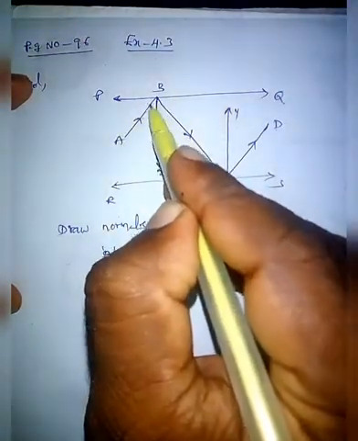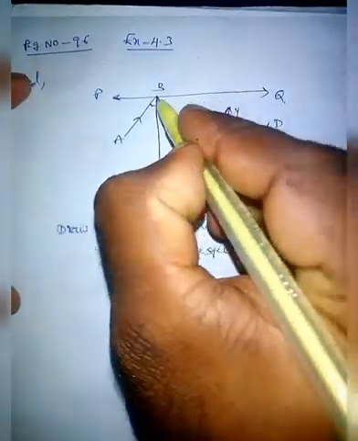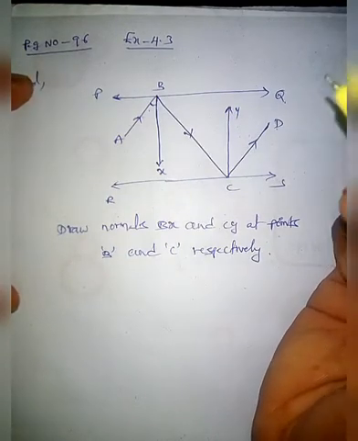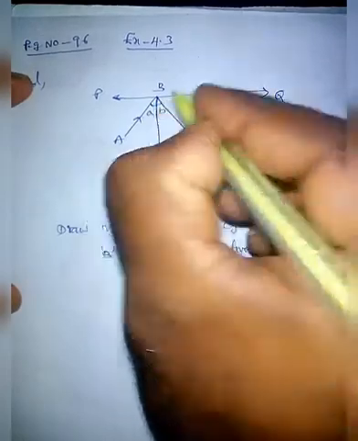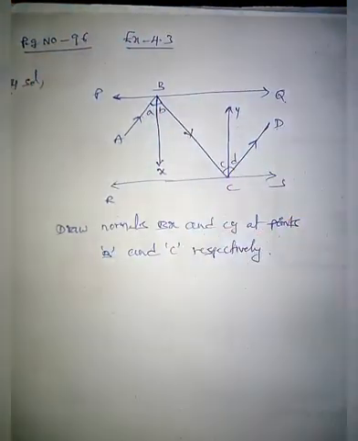This angle divides into two angles; name these angles small a and small b, since we already used X, Y and P, Q. Name these as small c and small d.